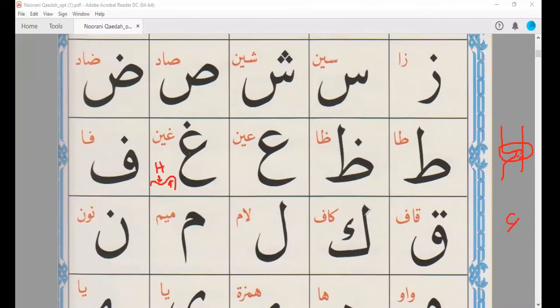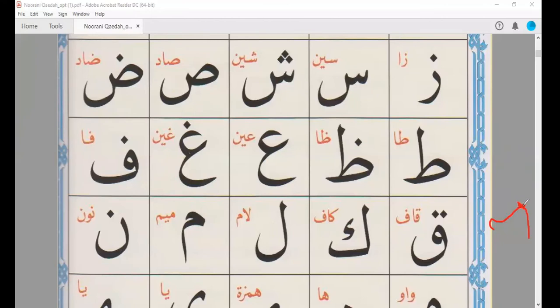Fa, qaf. Don't say qaf like a K sound. Don't make a K sound here. Make qaf, qaf. What happens is the back of the tongue rises really up to touch the soft palate, the fleshy upper palate before the uvula. Okay, that part.